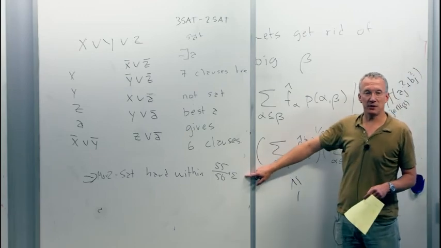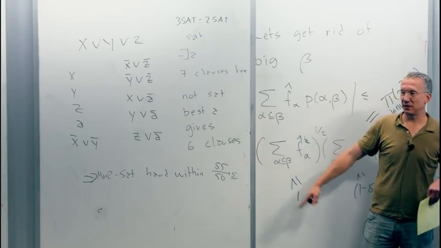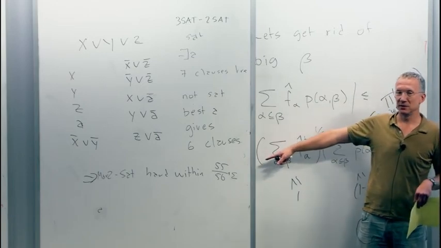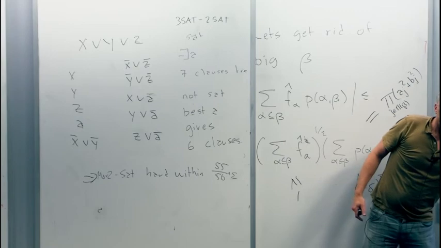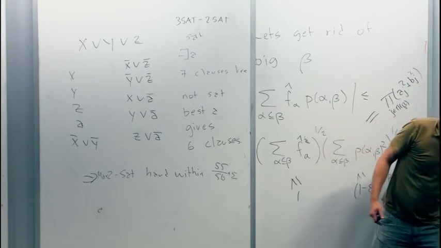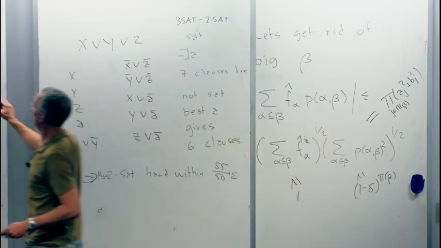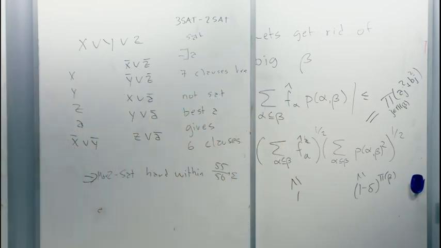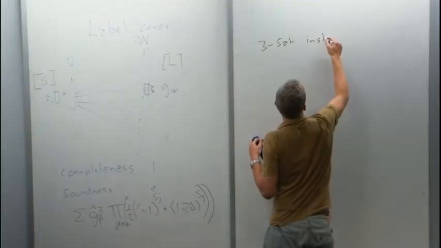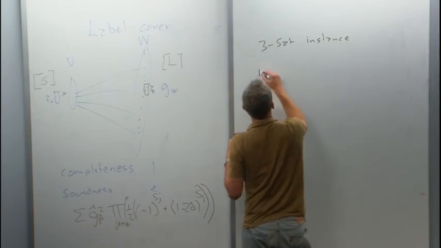Should I do this calculation? It's the only useful thing I can do in the last 2 minutes here. The loss is 1/8 times 1/7, so it's 1/56. We'll see if I even remember it right. So we start with the 3-SAT instance with m clauses.